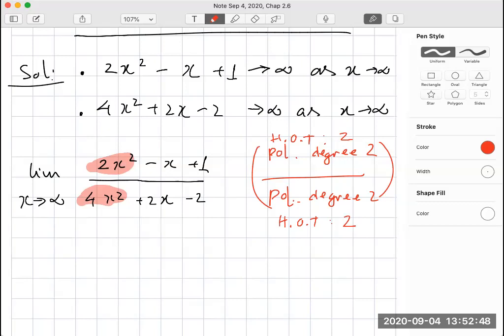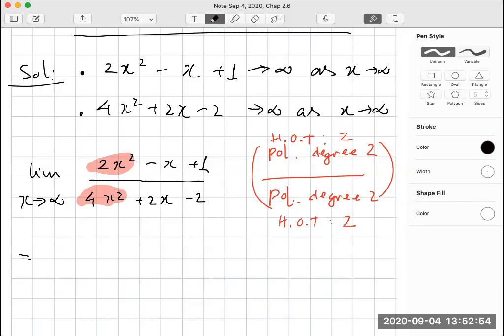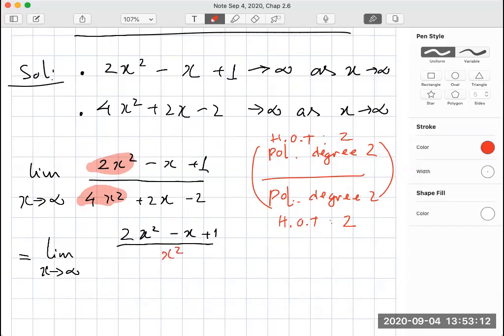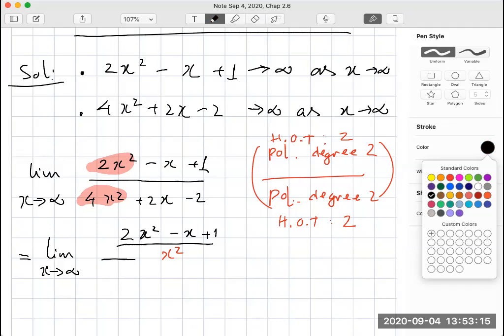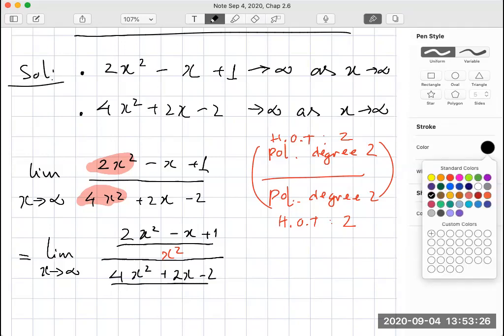Now we observe that. Let us divide both the numerator and denominator by the highest degree. In this case, we divide 2x squared minus x plus 1 by x squared, and we also divide the denominator by the same amount, so it stays even. Nothing has changed yet.